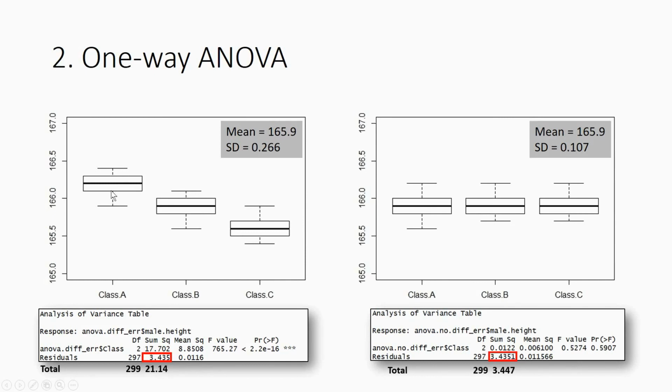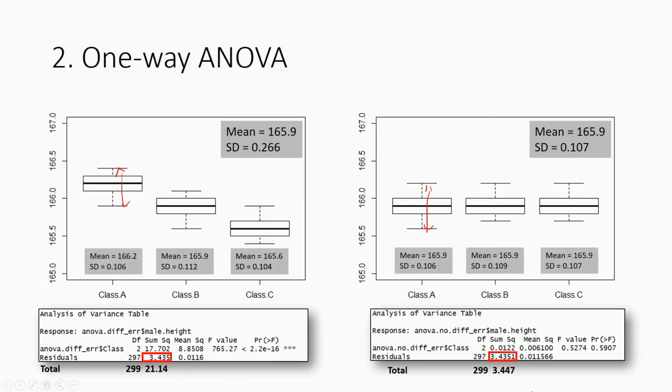But you can see the within group sum of square is more or less the same, very similar. So the standard deviation for each group is close to 0.1. That means the residual is the same, very similar.